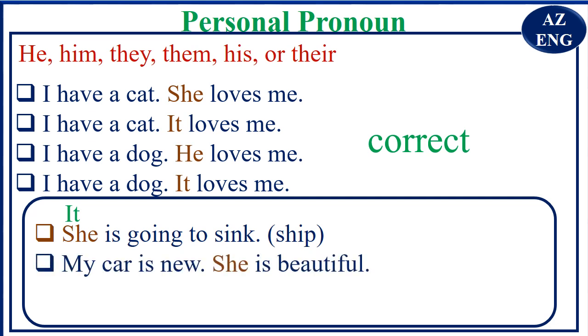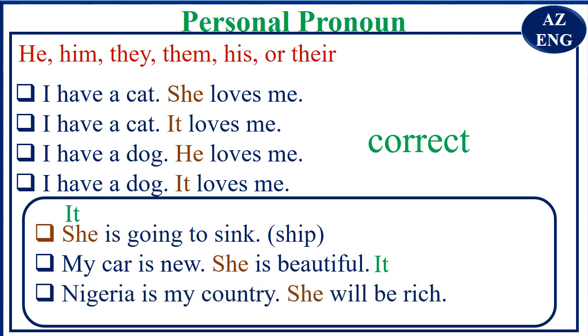Another example, my car is new. She is beautiful. You ask the question, why she, not it? Again, we have Nigeria is my country. She will be rich. Then again you ask, why she, not it?